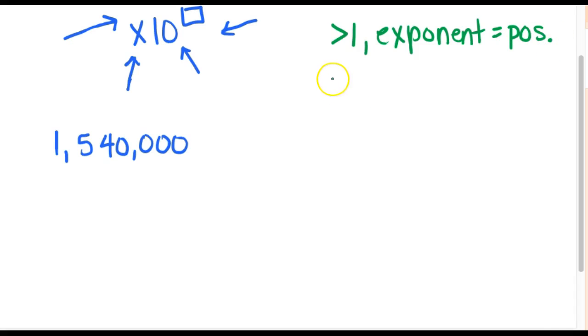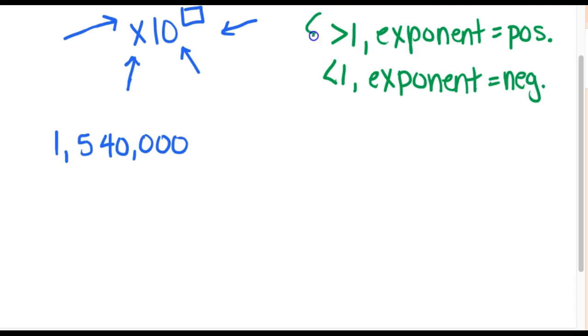So guess what happens if our number is less than 1? Good, the exponent is negative. It's just kind of one of those wonderful little opposites. Now remember, with scientific notation, our number has to be between 1 and 10.